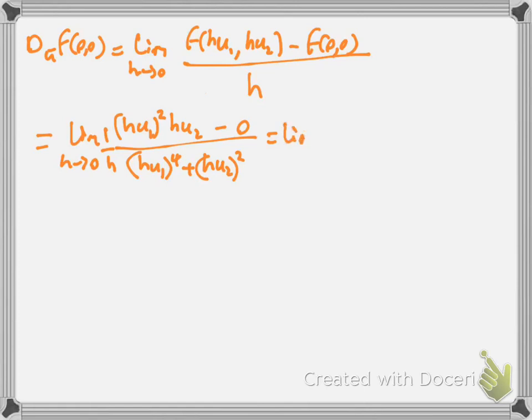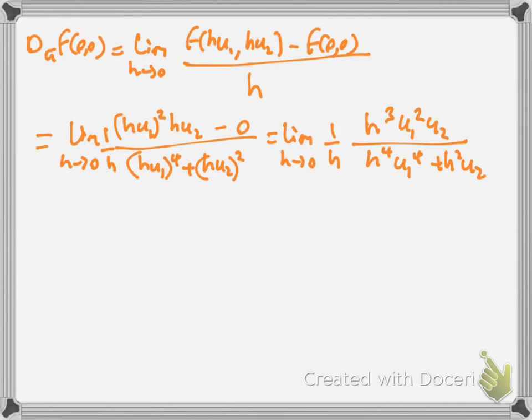Now let us simplify a little bit. So we get 1 over h. Here we get h to the 3rd u1 squared u2. And in the denominator we have h to the 4th u1 to the 4th plus h squared u2 squared. So we can take this h together, and we can cancel a factor h to the 3rd.